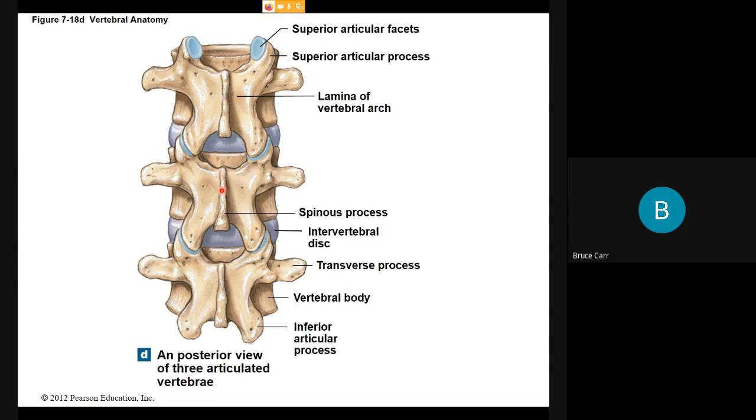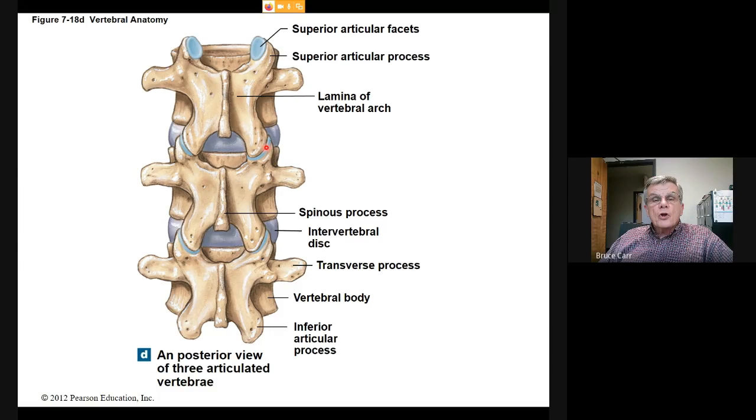Now, on the posterior side, each vertebra has two bumps that stick down. These are the inferior articulating processes, and two bumps that stick up. These are the superior articulating processes, and the blue shows where the cartilage connections are. This vertebra in the center illustrates it best.